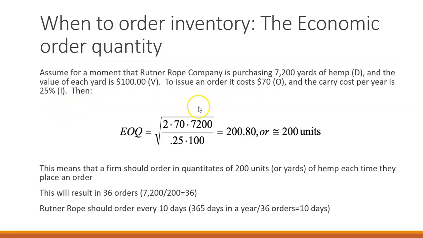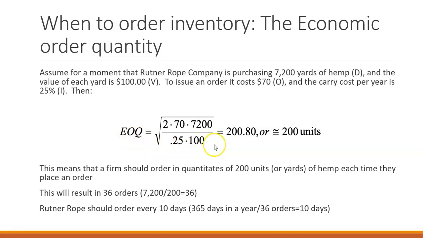So we look at order cost, $70. Total demand, 7,200. So ordering cost times demand times 2, and then we divide that by the per unit value times the carrying cost per year of per unit.